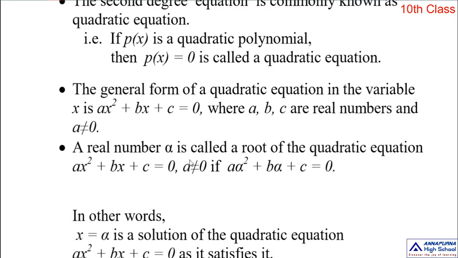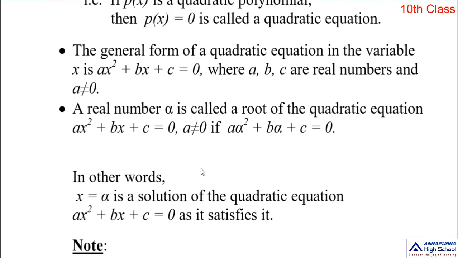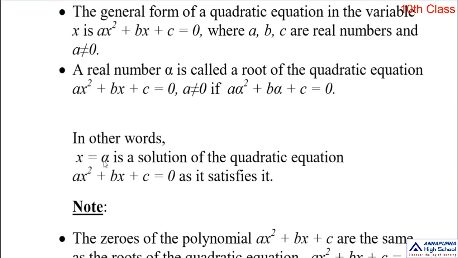Root means solution of the quadratic equation. When you replace x by this real number, if the equation is satisfied, that means we get 0, then that real number is called a solution or root of the quadratic equation. In other words, x is equal to alpha is a solution of the quadratic equation as it satisfies it.